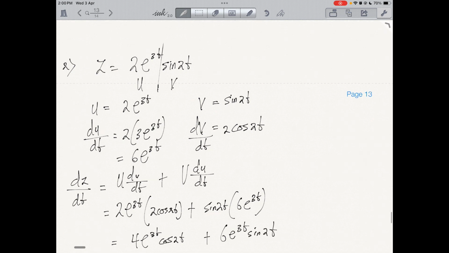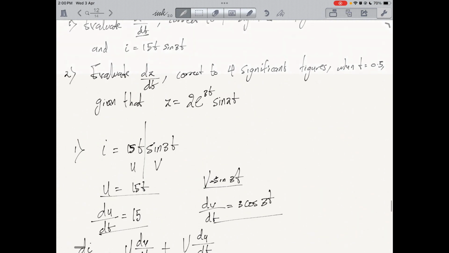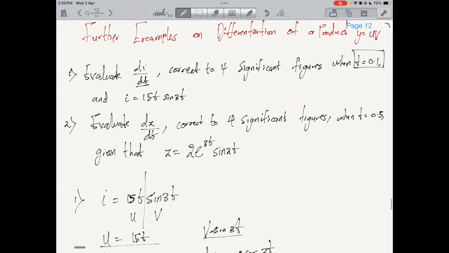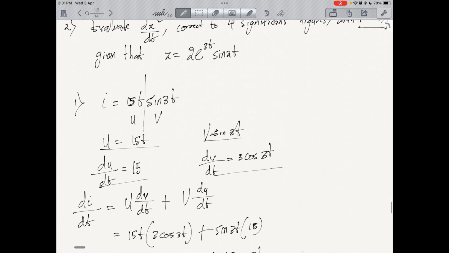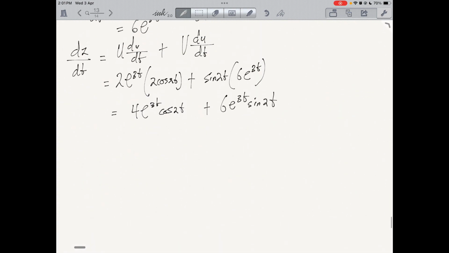Now let's go back to the question. The question says evaluate dz/dt, which we have done, correct to four significant figures when t is equal to 0.5. Now when t is equal to 0.5, we substitute for t in dz/dt.